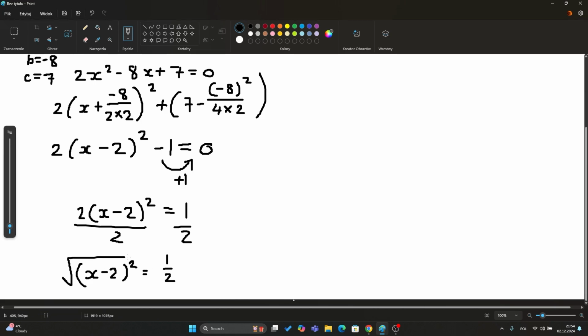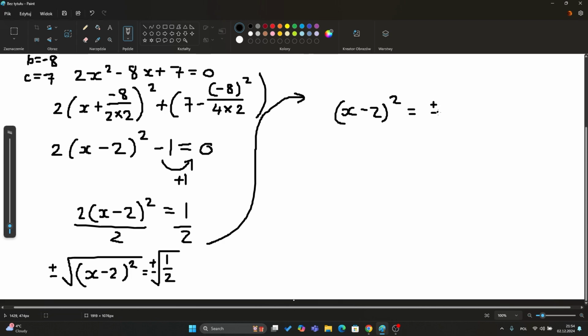Then we square root both sides, so x minus 2 equals plus or minus the square root of a half.